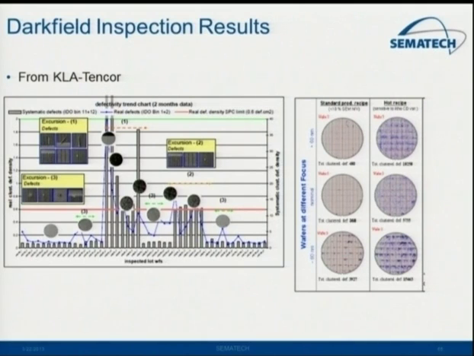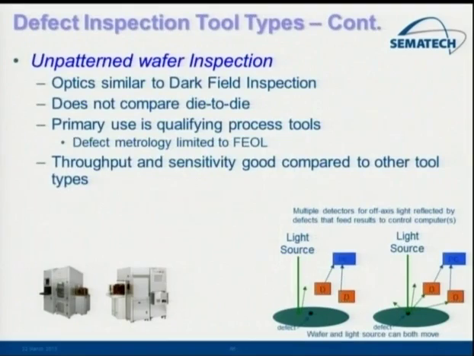The one on the right here is where you made some changes in your process from the top to the bottom, and it started to generate more defects. Or you may be looking at your process control in line, where you're monitoring each and every lot. Oh, we have a problem. Let's go and see what that is. So that's typically what the application of a dark field inspection tool would be, probably running at about 20 wafers an hour, sampling a fair number of wafers in each process condition.